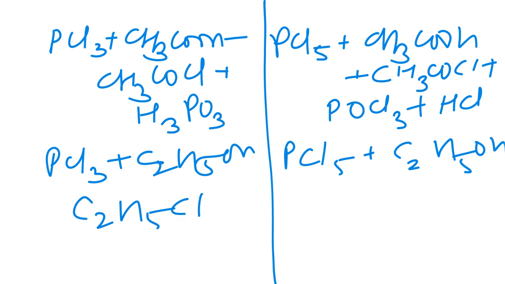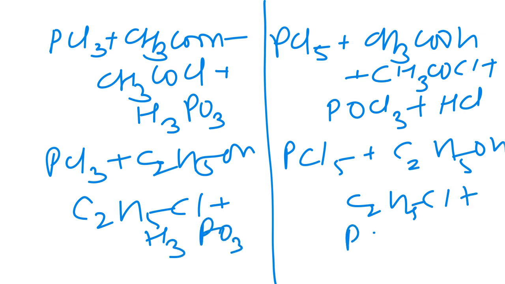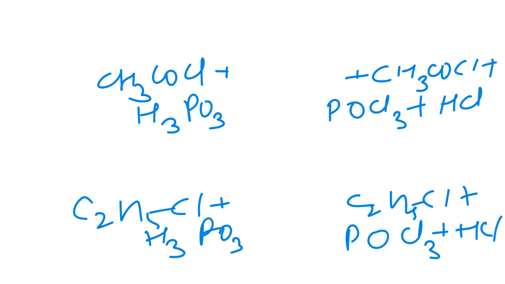Here also it forms C2H5Cl plus H3PO3, whereas here it forms POCl3 and HCl. So this is the reaction of the PCl3 and PCl5 with organic compounds.